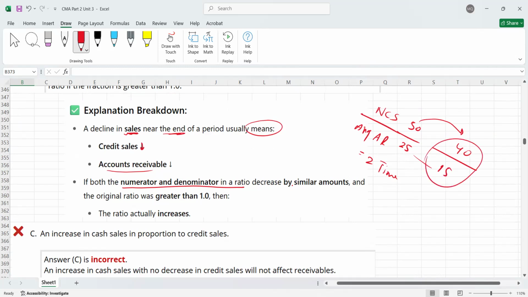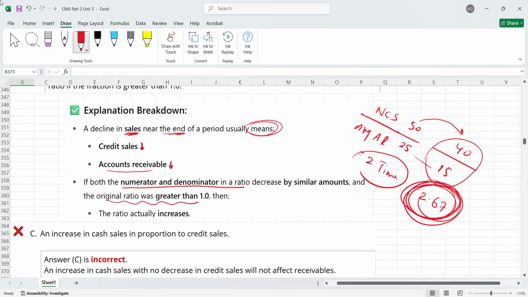Now get the new answer: 40 divided by 15. Your answer is going to be 2.67. See, the turnover ratio has not decreased. It has increased from 2 times to 2.67 times. This is what it means. I have explained here: the decline in sales at the end of the period usually means credit sales will decrease and receivables will decrease.